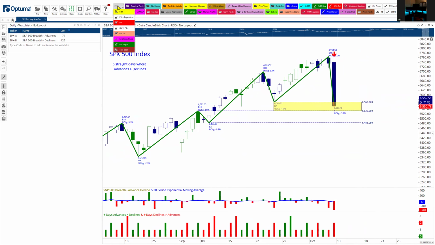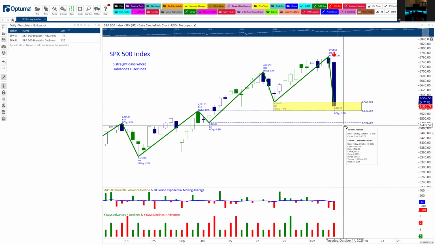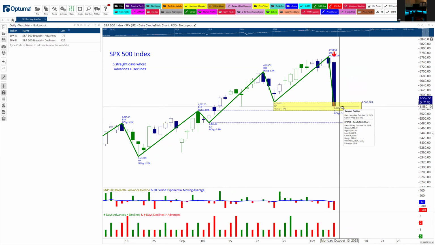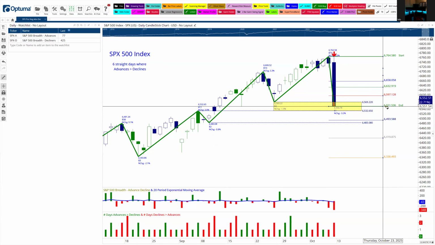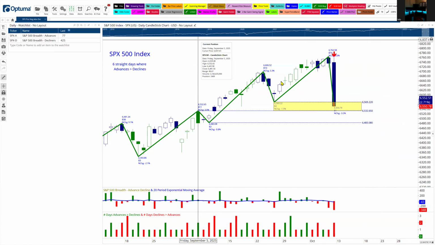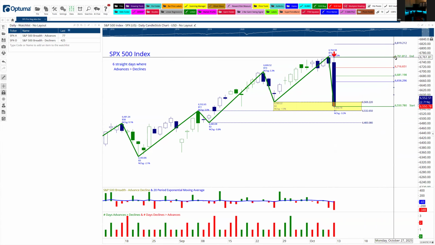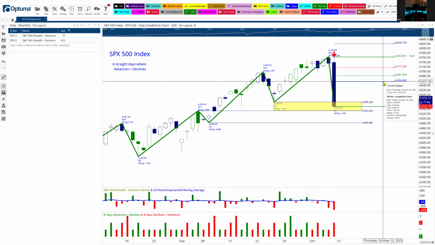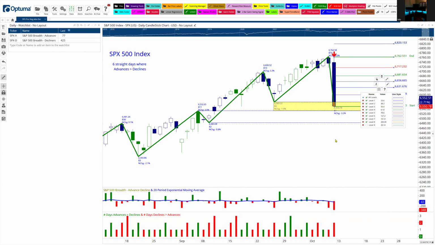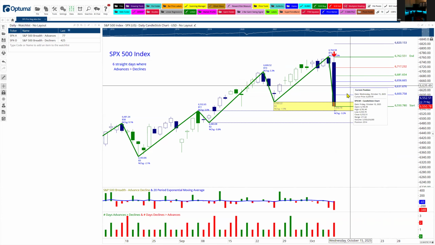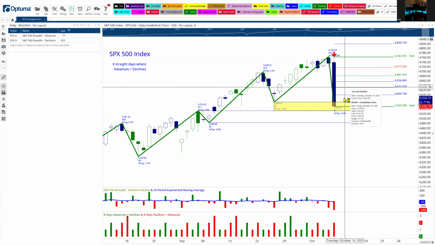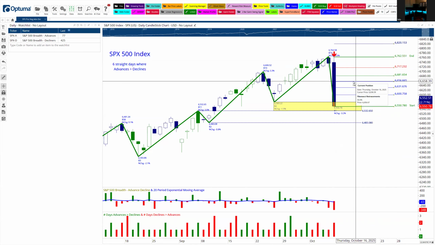So we're just simply going to take our fibs, depends where we set the low, and draw our fibs just like this. We're going to look for 23.6, 38.2, 50% retracement, for some sort of bounce that could stop the bleeding for a couple days.